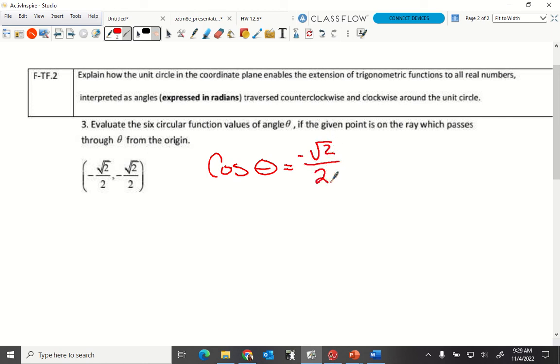After that, let's go with sine. That's y. Negative rad 2 over 2. Tangent. Yeah, it's 1, because it's negative rad 2 over 2 divided by negative rad 2 over 2. So it's y over x, right? Since I have both the same things, it's going to be positive 1.